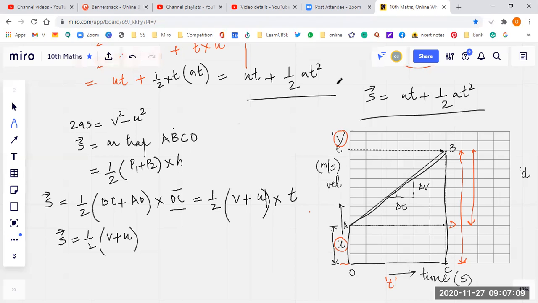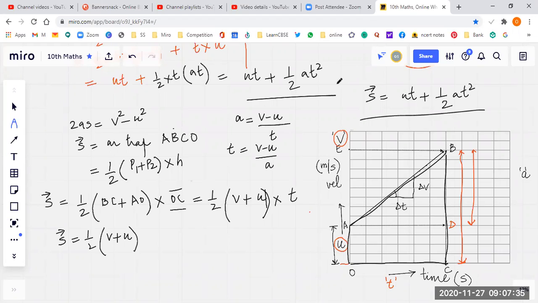So, what is the definition of acceleration? Final velocity minus initial velocity divided by time interval. Time interval in our case is t. Then what is the expression for t? Can I say t is equal to v minus u divided by a?